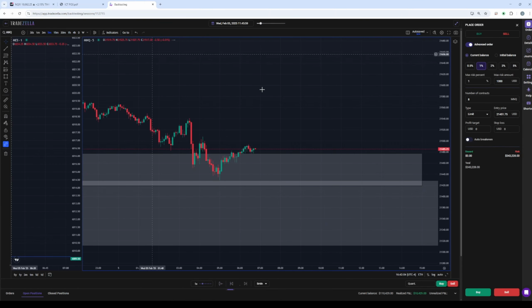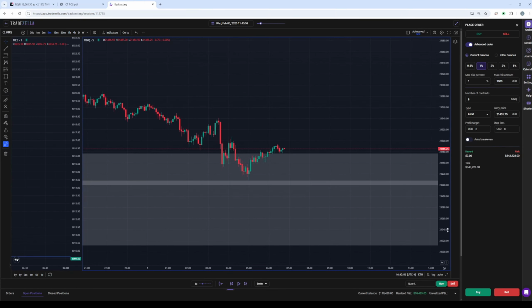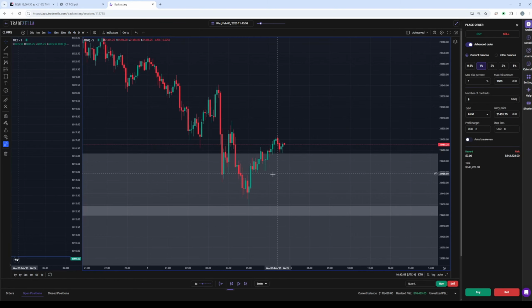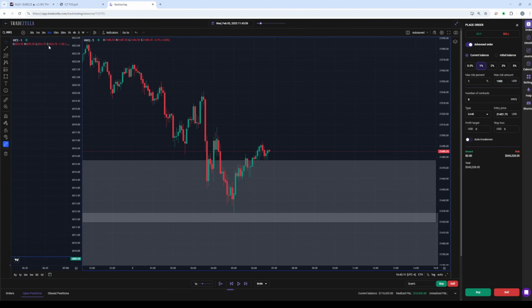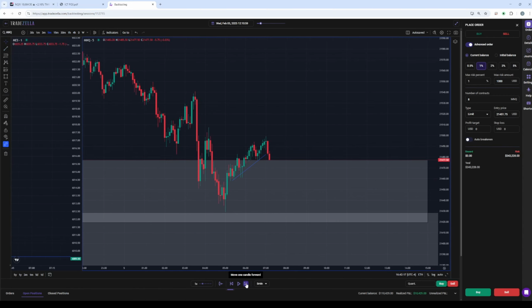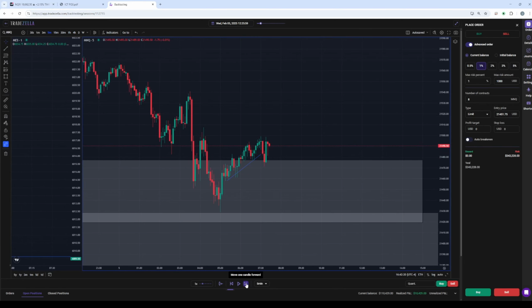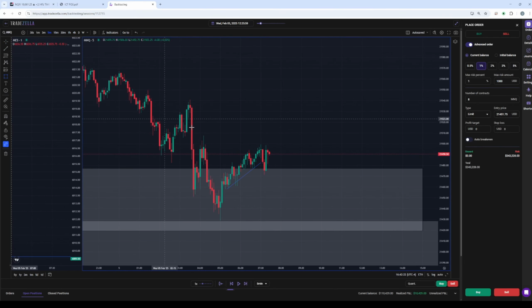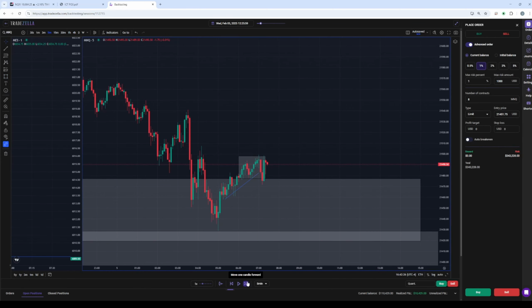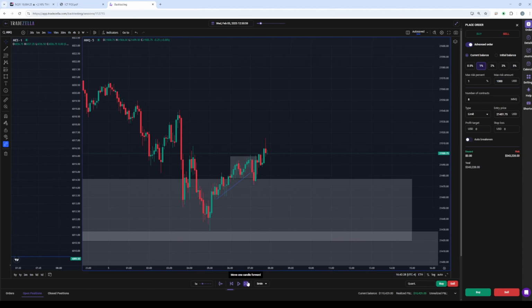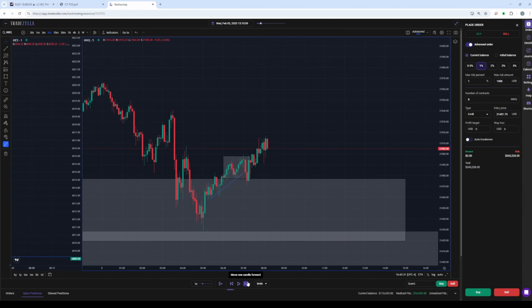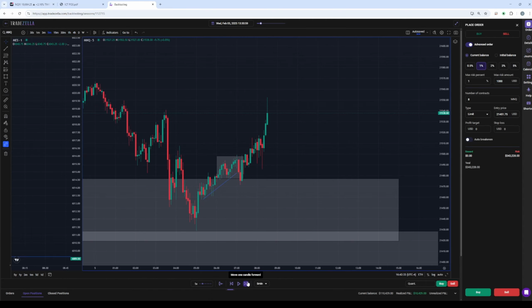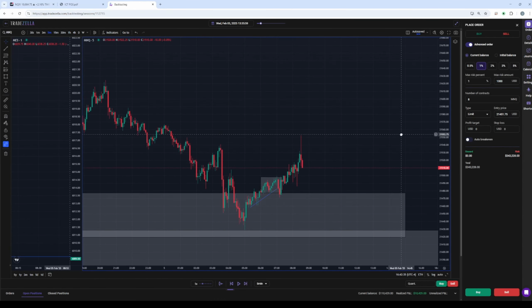Let's look for our power of 3, so our accumulation and manipulation. We've got this liquidity here. So we did accumulate there and we did manipulate there. Let's see if it goes up from here. We do start to move up. Yeah, okay, it just starts to fly up there.